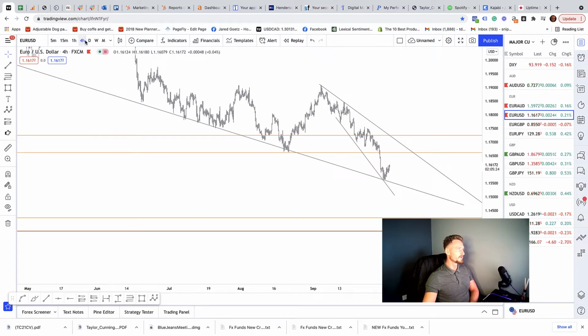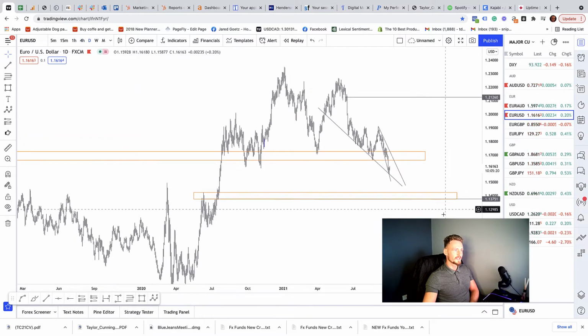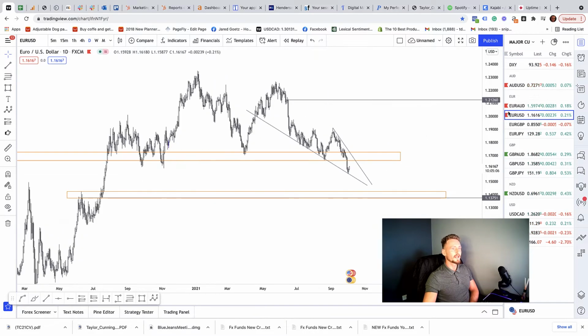If we go back out to the daily time frame just to see, yep, you can see price action is really just getting squeezed and squeezed and squeezed, and I do think we're going to finally see it drop all the way down to that area of support before we could then potentially start to get some buyers to pick up the price action. So again, I'm interested in this pair.